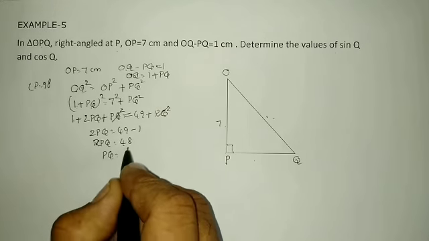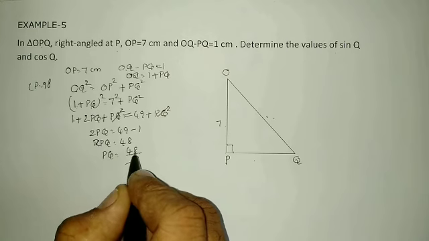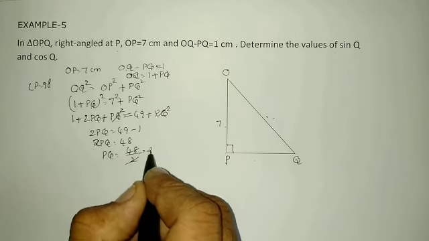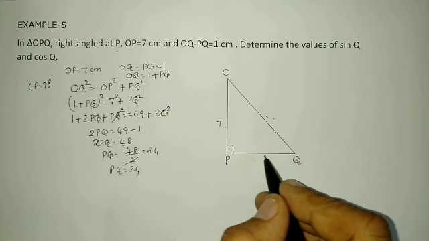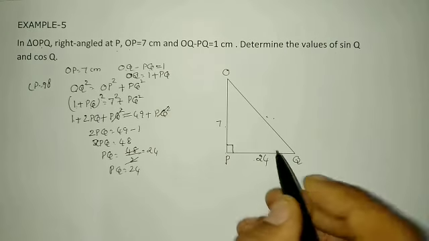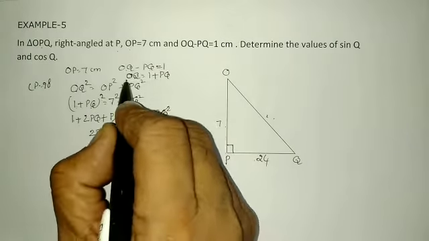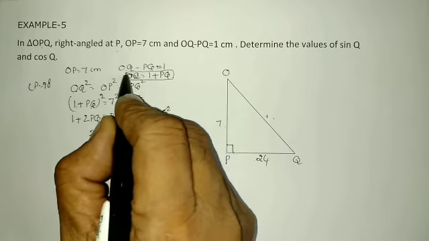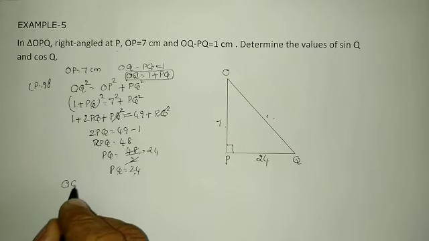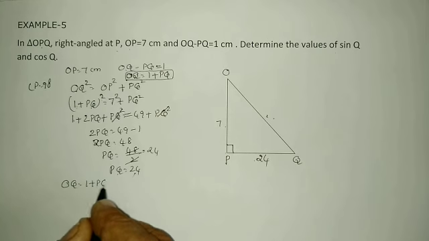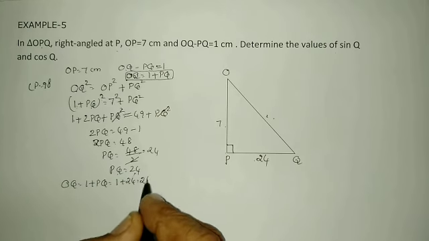PQ equal to how much? 48 divided by 2. 2 24s. So PQ equal to 24. So after getting PQ, you can find OQ, because here OQ equal to what obtained from the given? OQ equal to 1 plus PQ, that is 1 plus 24 equal to 25.